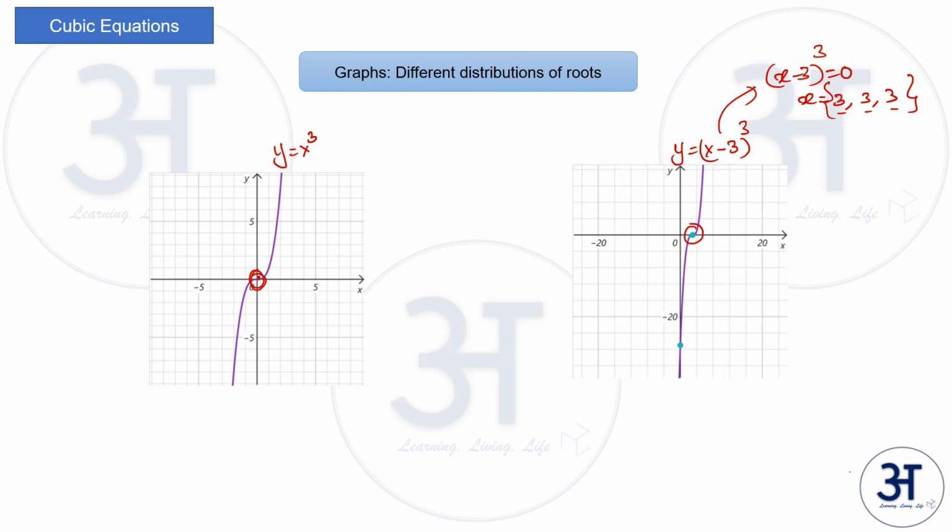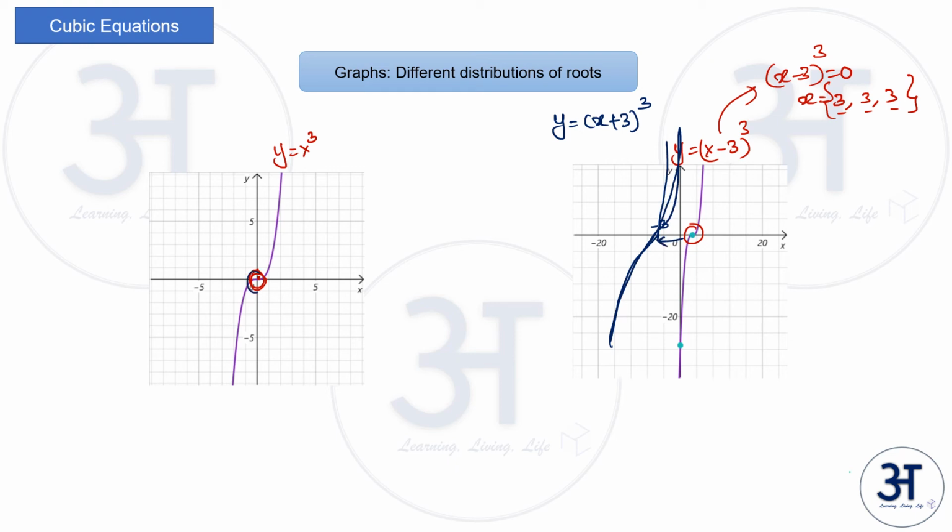What would be the graph of, say, y is equal to x plus 3 whole cube? In this case the graph would be shifting to this side, where you take minus 3, and the graph would be something like this. Basically it is shifting towards this side.